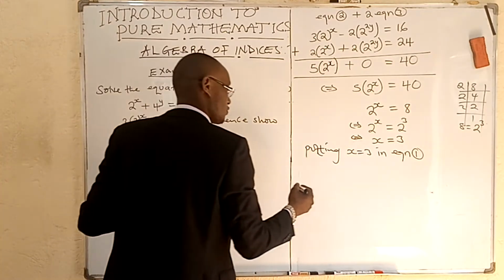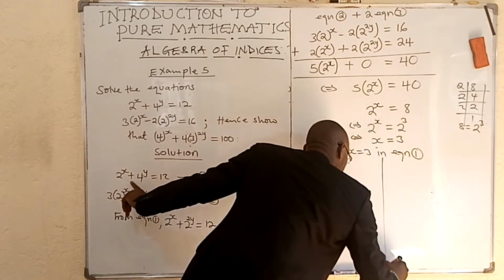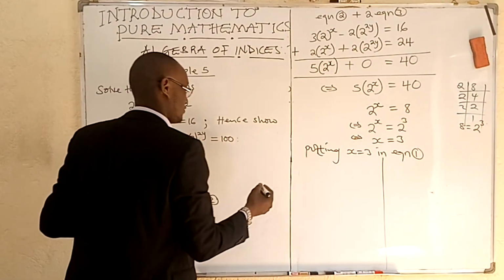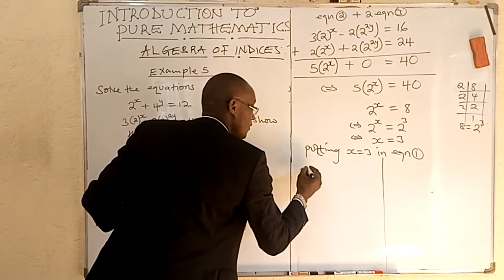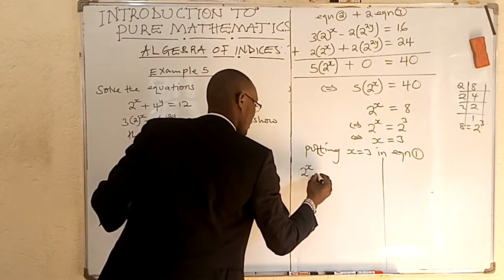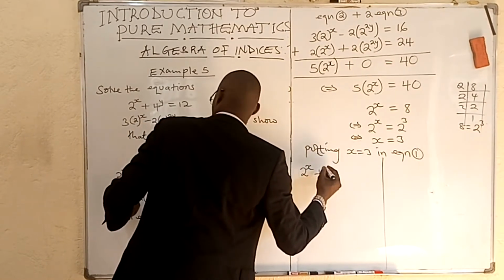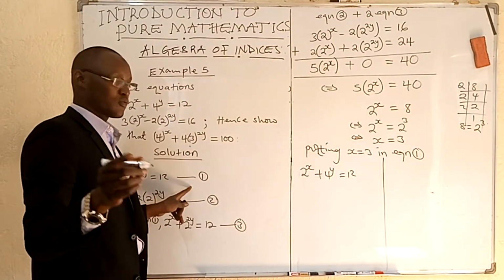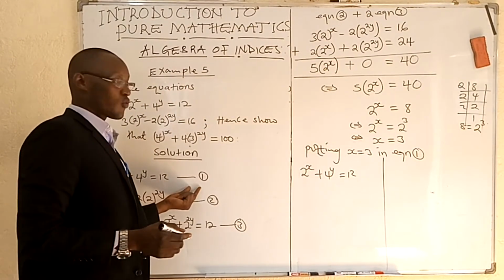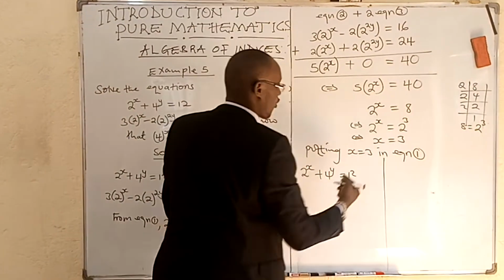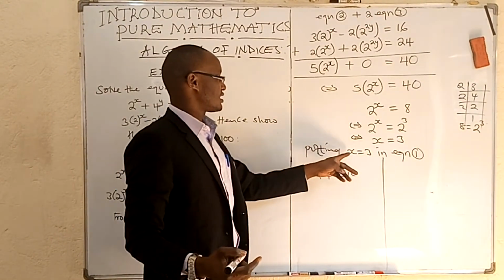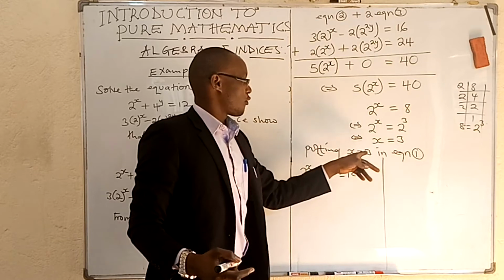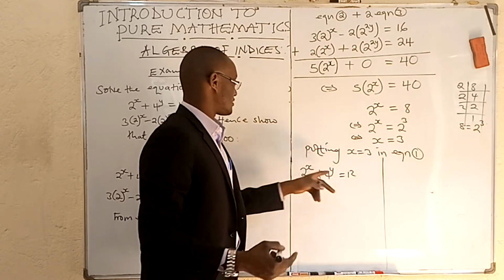Equation 1 now is going to become, we can divide this space and then use this left-hand space. So 2 power x plus 4 power y is equal to 12 is our equation 1 for those who are not recalling equation 1. So we go to our command. The command is putting x is equal to 3. Where there is x, we are putting 3 in this equation.